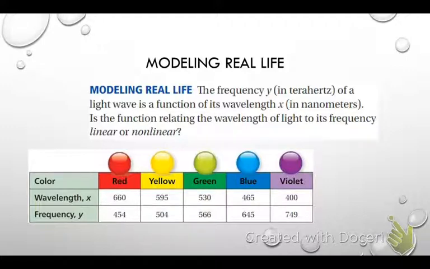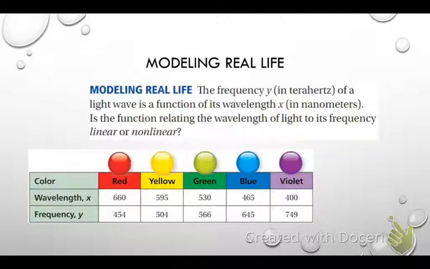There are some people who, because of the characteristics of their eyes, don't see colors the same way other people do. So how do our brains determine that something is red or blue or green? It has to do with exactly what this problem is talking about: the frequency of a light wave and the function of its wavelength.